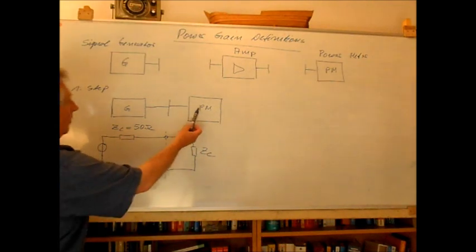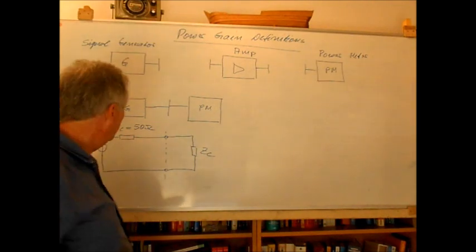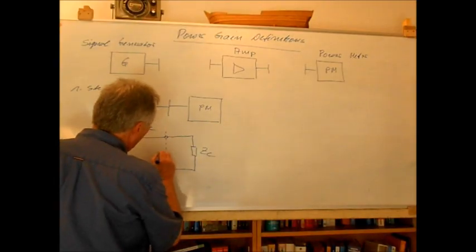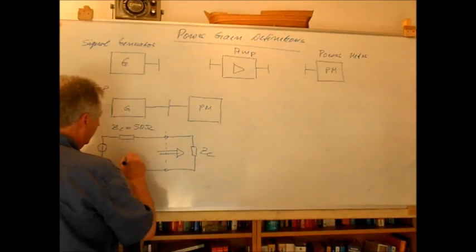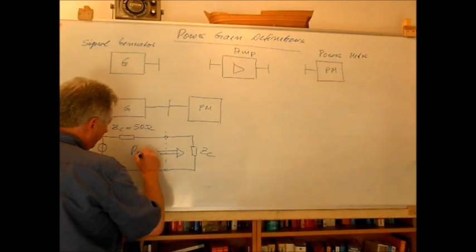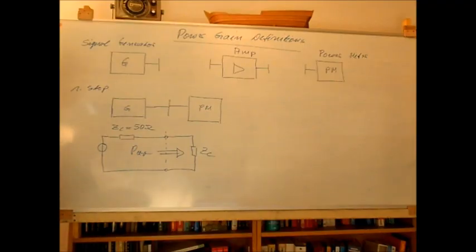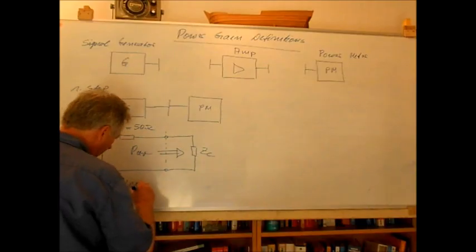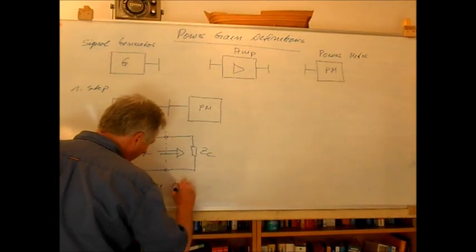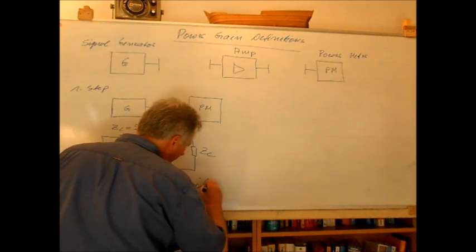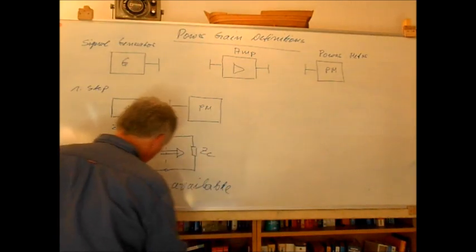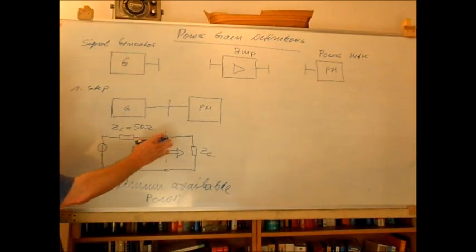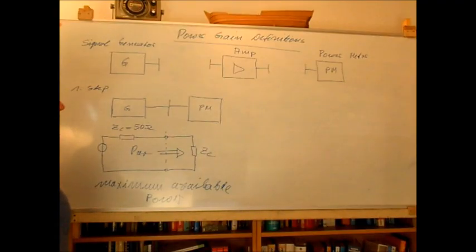That means now the power meter is matched to our signal generator, and this means we will not get an arbitrary power, but we will get what we call PAV, which is the maximum available power, because we have a matching now between our power meter and our signal generator.